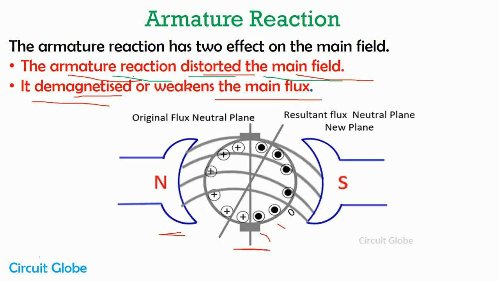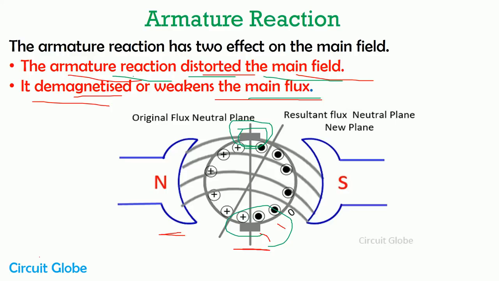Now the second thing is that in a DC generator, the position of brushes and commutator is decided by the magnetic neutral axis. If the armature reaction weakens the main flux, the position of the magnetic neutral axis will be shifted. So it is quite difficult to know the exact position of the magnetic neutral axis. And if we place the brush in any other position, the brush will get damaged.